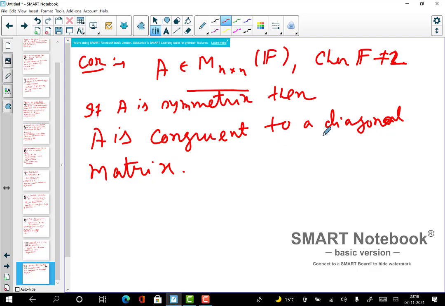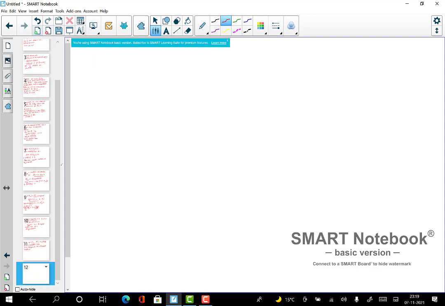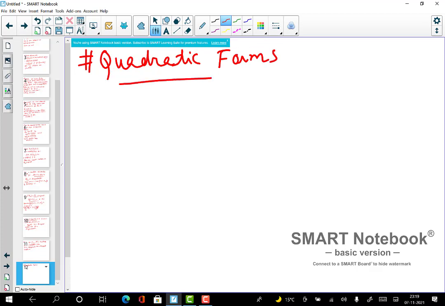So this is obvious. Now we are going to discuss one more new concept attached to symmetric bilinear forms, and then we will stop our lecture today. This is called quadratic forms.